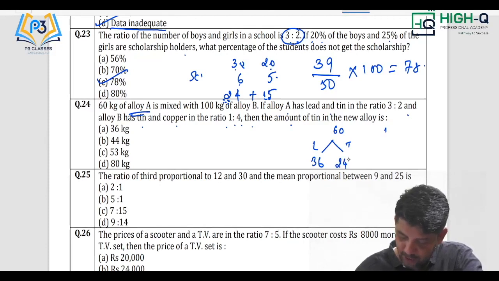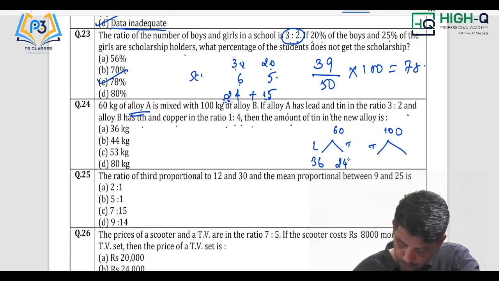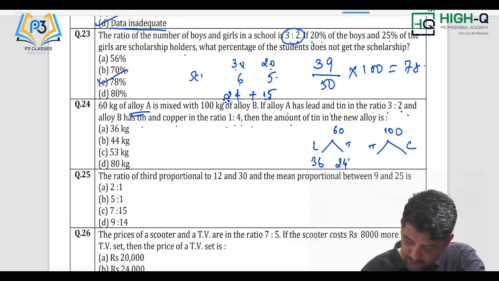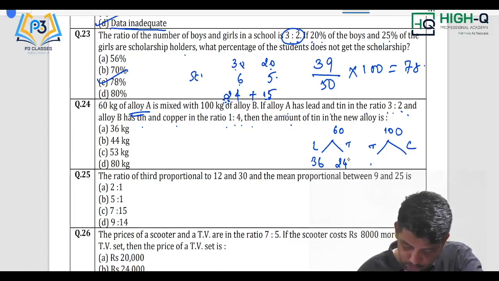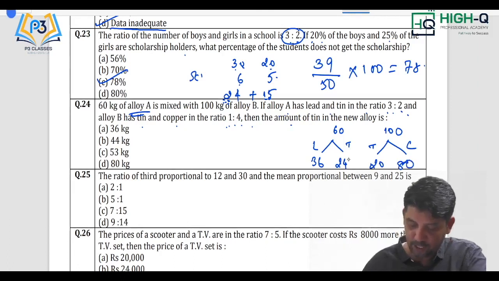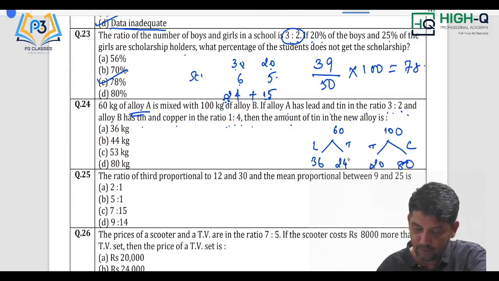Now the second alloy, 100 kg of alloy. This one has tin and copper. B has tin and copper in the ratio 1:4. What is the 1:4? 20 kilogram of tin and 80 kilogram of copper. Then only you will get 1:4.